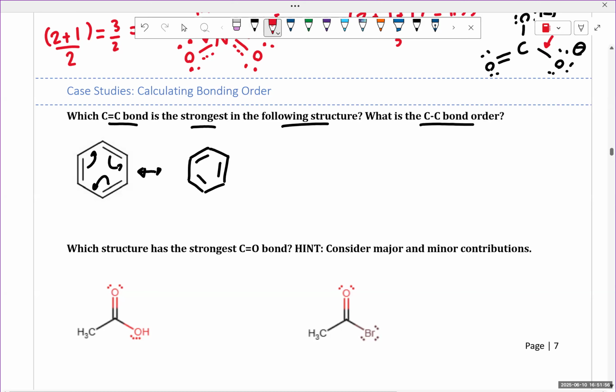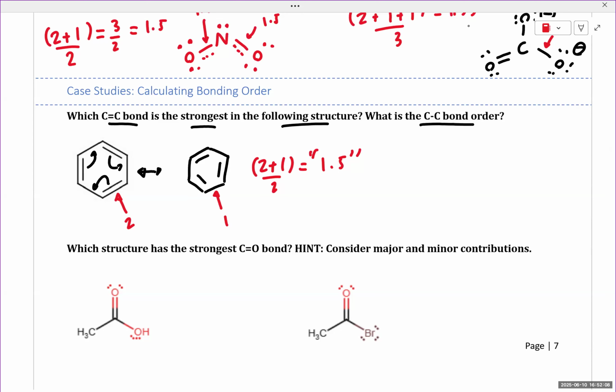Doing a tally now of bond order, we have a bond order of 2 and 1. 2 plus 1 over 2 gives us a bond order of 1.5. And we can conclude, looking at each of these bonds, that all carbon-carbon bonds are equally strong.